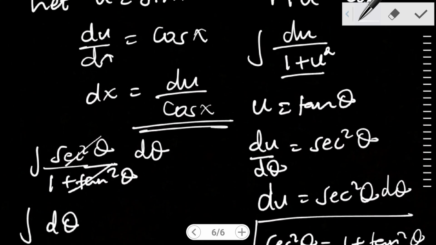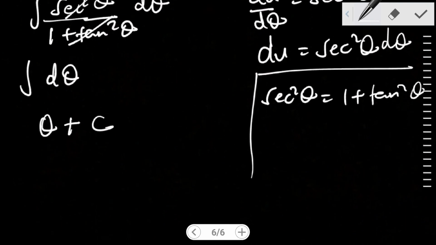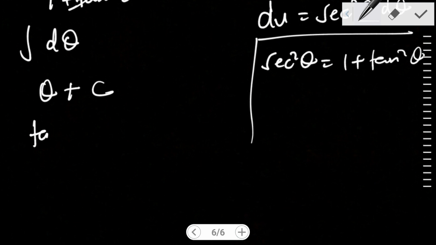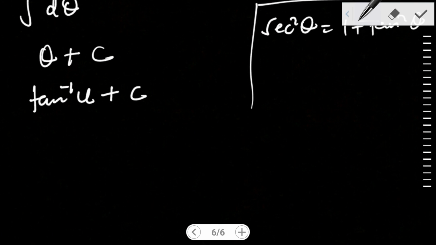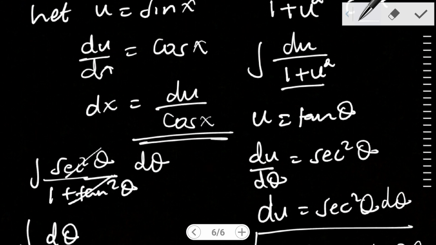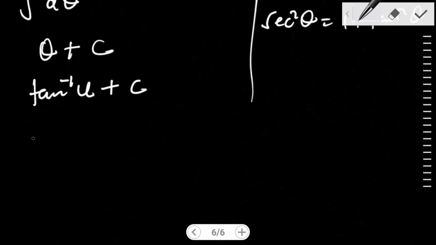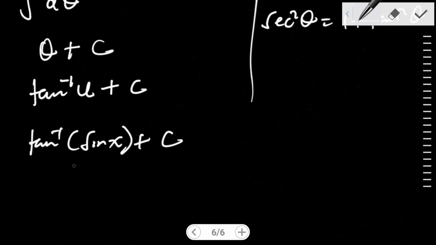If u is tan theta, then theta is tan inverse of u plus c, of which u was sine of x, and therefore I would have tan inverse of sine of x plus c in this case.